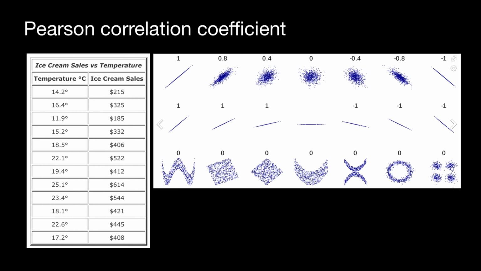Correlation can be perfect positive, perfect negative, strong positive, strong negative, weak positive, weak negative, and also can be absent.